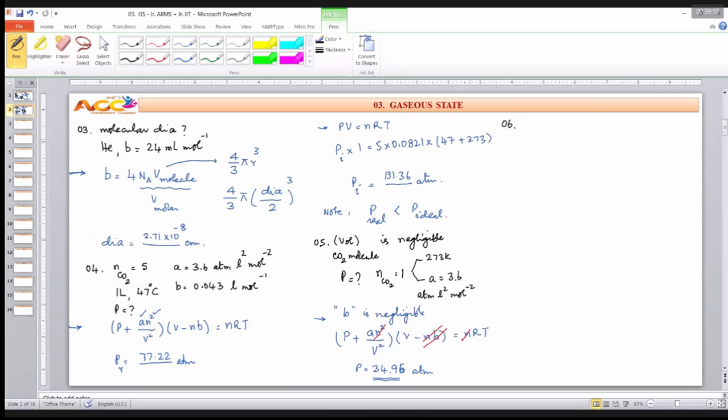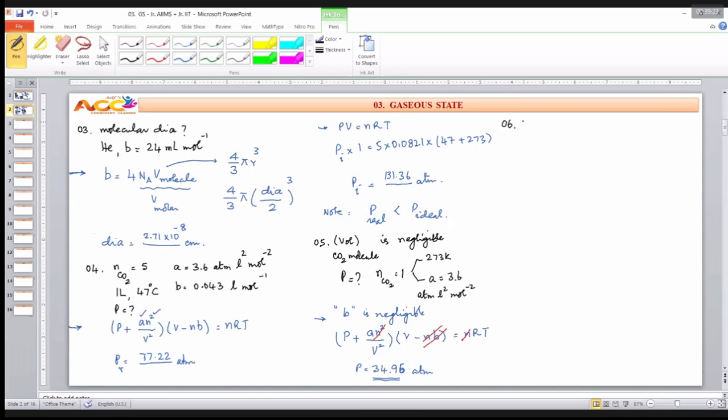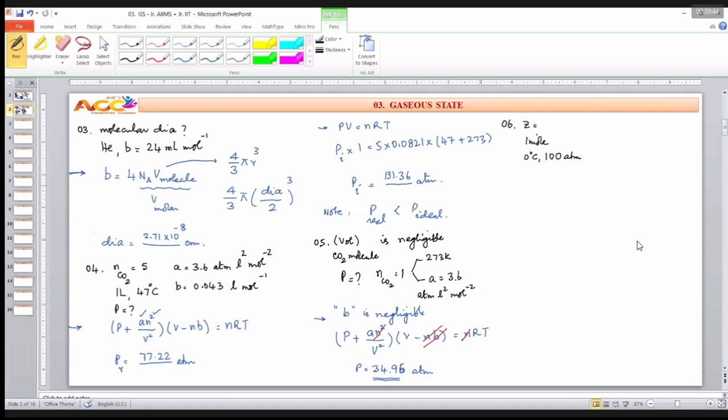Compressibility factor for 1 mole of van der Waals gas at 0 degrees centigrade and 100 atmosphere is found to be 0.5. Assume that the volume of gas molecule is negligible.